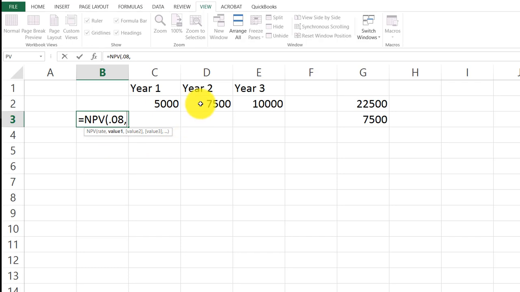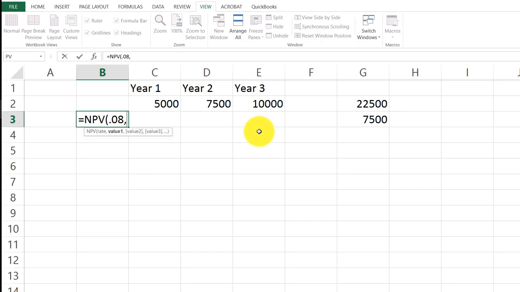Now, here's the problem. Lease payments are almost always made at the beginning of the year. You make the lease payment at the beginning of the lease term, and then 1 year later, and then 1 year later. So even though this is a 3-year lease, the payments will actually be made at the beginning of year 1, beginning of year 2, and at the beginning of year 3.